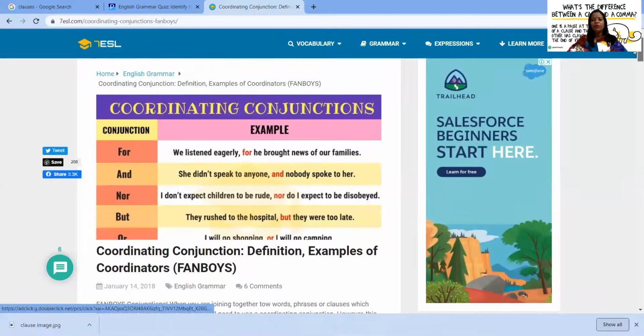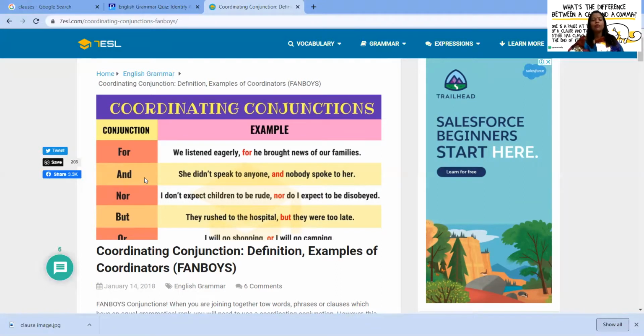Now let's take a quick look at how they are used in a sentence. The very first letter of FANBOYS, that is for: we listened eagerly, for he brought news of our families. That means we listened eagerly. Why? Because he brought news of our families. That is how this for is used.